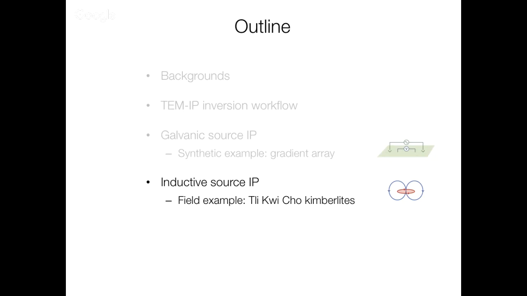I'm not going to go into any of those details because you need to sit down and look at them carefully. But I am going to take you to a field example over these kimberlite deposits, where we can first of all decouple the data and then invert to get chargeability, pseudo-chargeability at early time and late time.